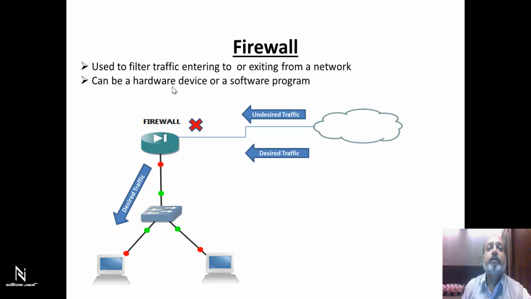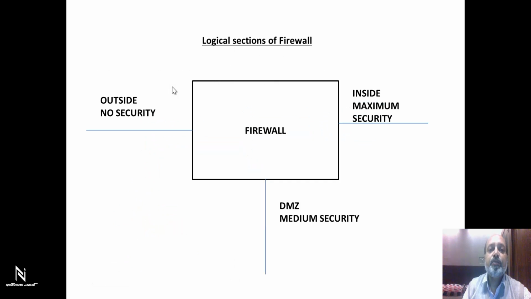So now let us proceed to the next page. Here we get a logical view of a firewall, the logical sectional view. If you consider this as a firewall, it has 3 distinct regions: one is outside, another is inside, and another is the DMZ, or in full form the demilitarized zone, right?